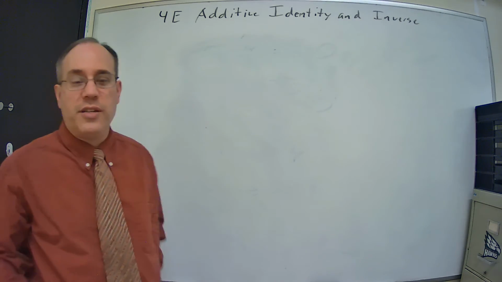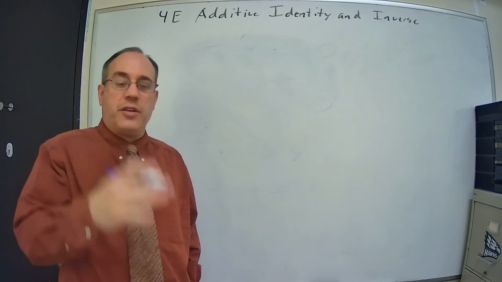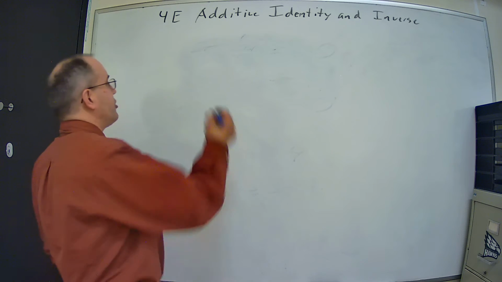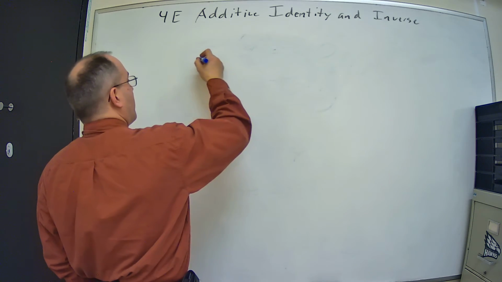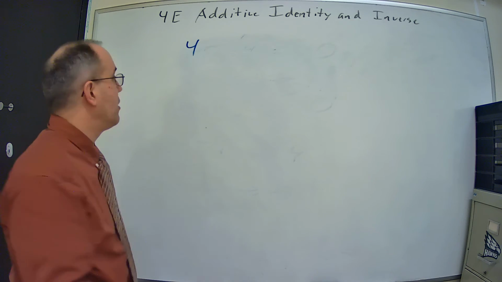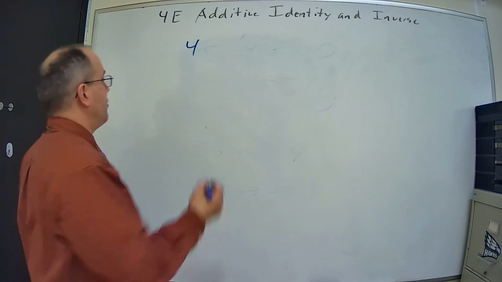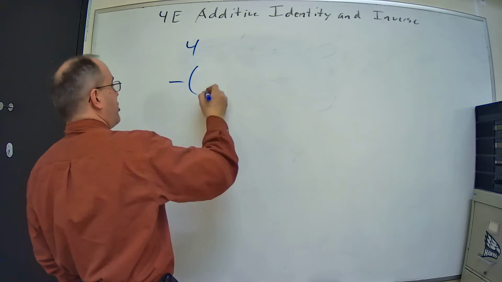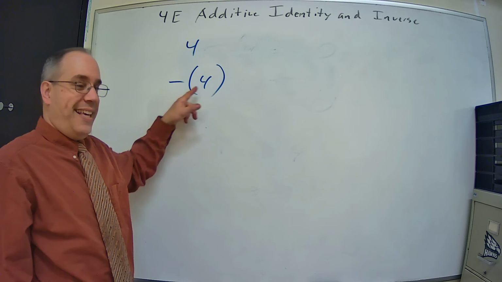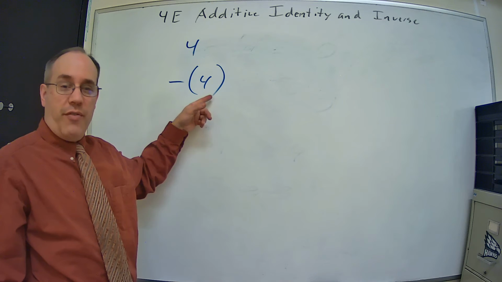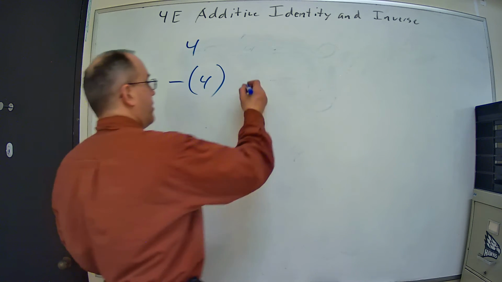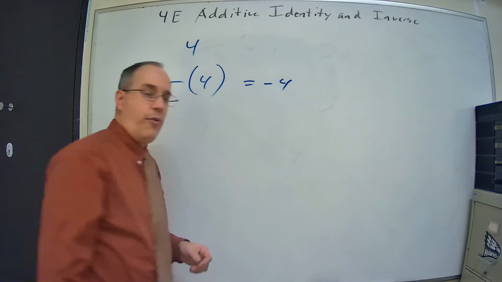Now, sometimes we denote that by using parentheses, and that's why I use the term negation. If we have 4 as our original number, then we could say the negation of 4. This sign out here, we're negating it, we're finding the inverse of it. So the negation of 4 is negative 4.